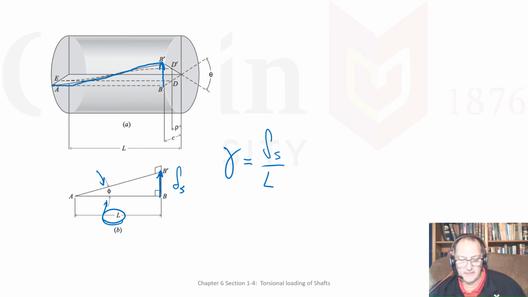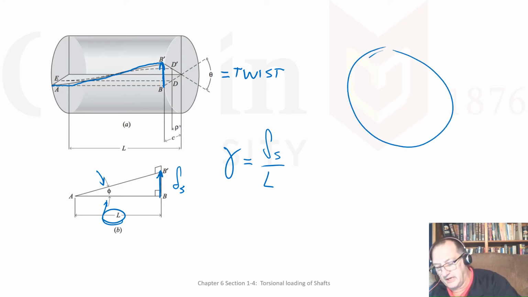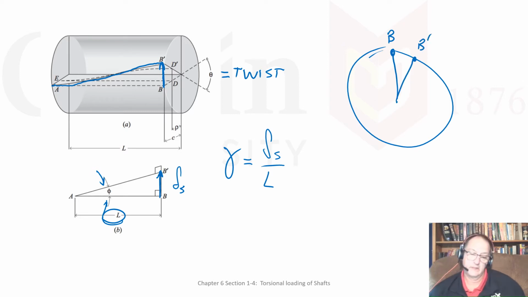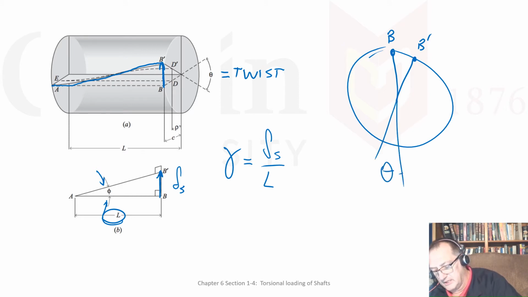But what we really want to know is how much did this twist. This theta here is the twist, and that's important to us. And you can look at that theta, that distance B to B prime. If I look at it from the end, here's where B started, here's where B prime ended, and that angle, there's my theta, just doing the same figure but now an end view.